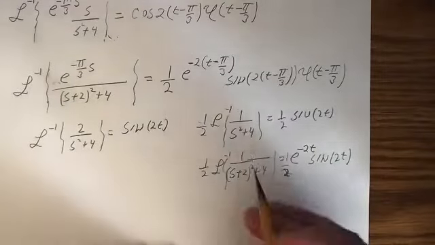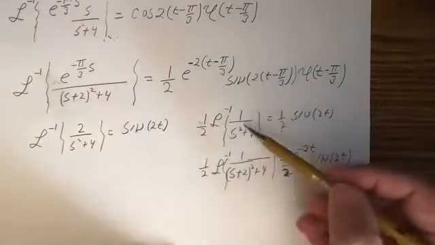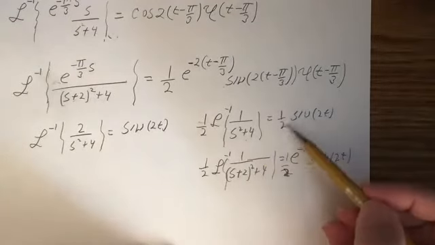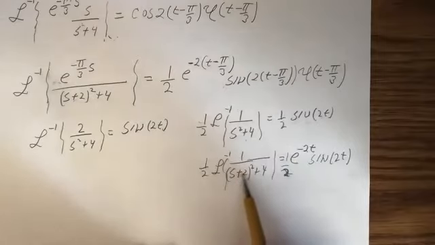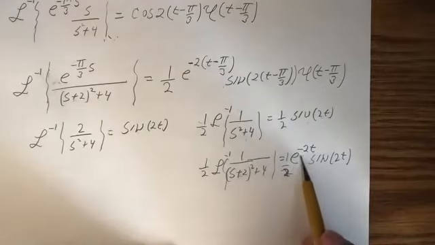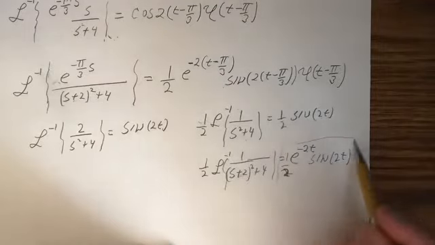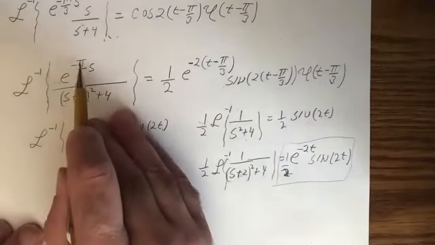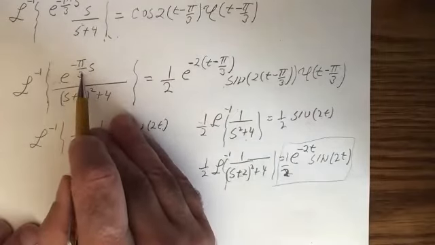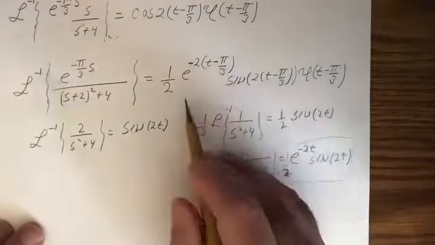So I want you to recognize first that if I have this, it's going to be 1/2 the sine of 2t. Now, I have this additional shift. Remember, we learned yesterday that I have to multiply by the e to the minus 2t, right? So I got this now. But now I also have this e to the minus pi divided by 3s. So that's going to shift everything.